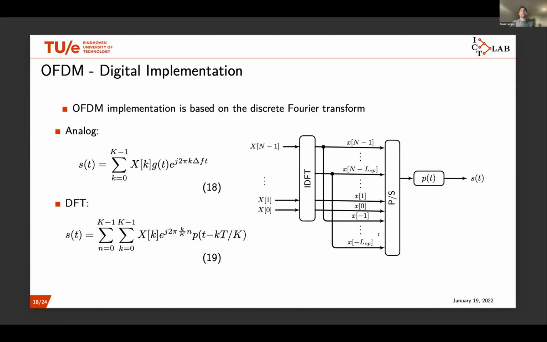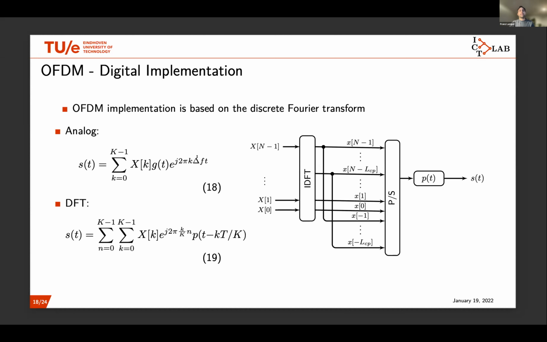But the OFDM transmission is usually represented by this analog modulation here. You have your symbols defined in the frequency domain, which you map onto a modulated pulse, where the pulse length is this capital D, which relates to the subcarrier spacing.